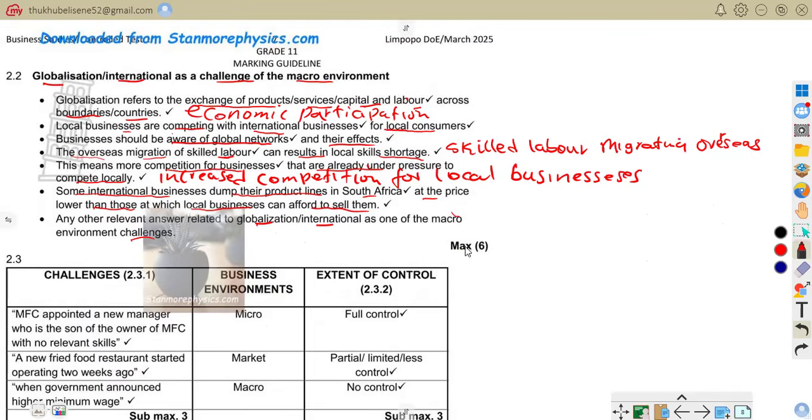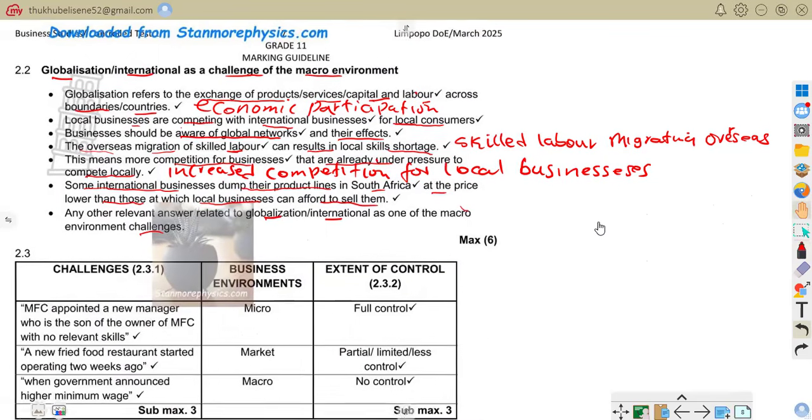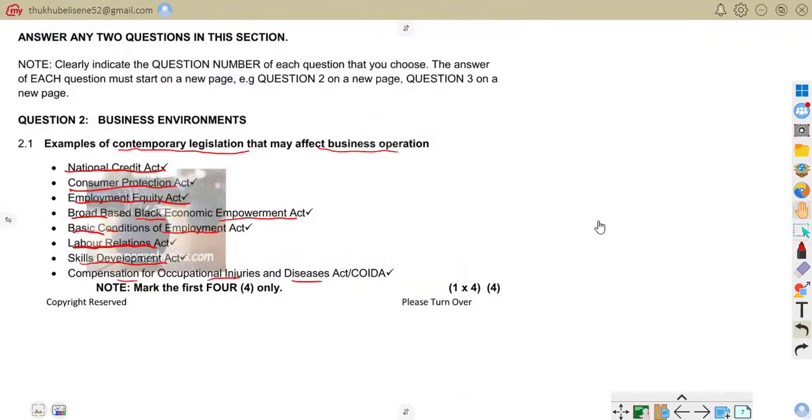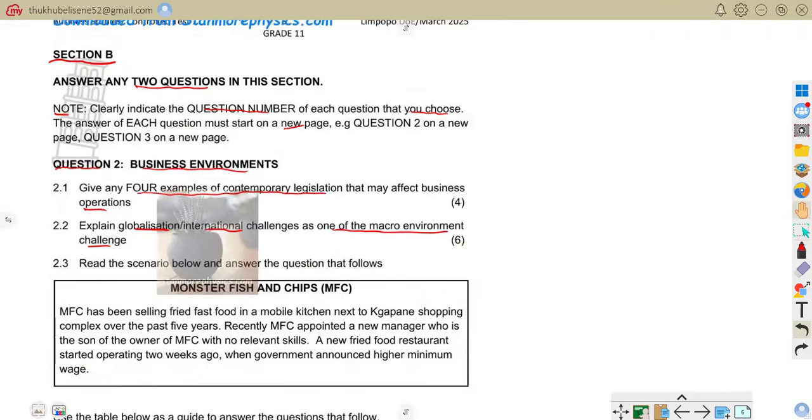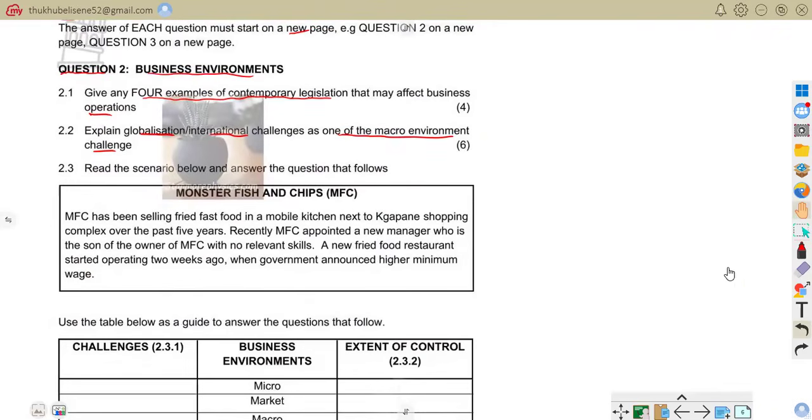So now let us go to 2.3. It reads as follows: read the scenario below and answer the questions that follow. MFC has been selling fried fast food in a mobile kitchen next to Habani shopping complex over the past 5 years.